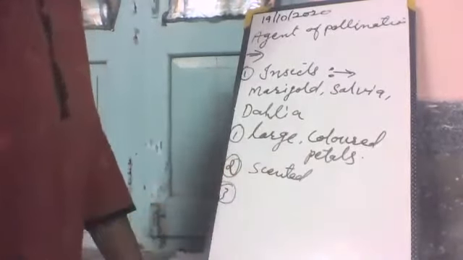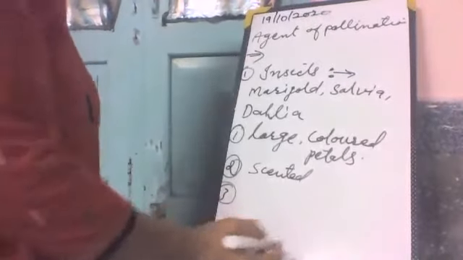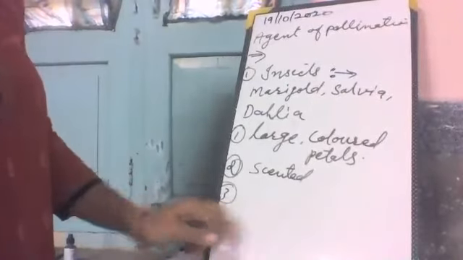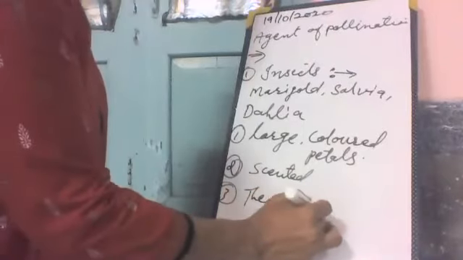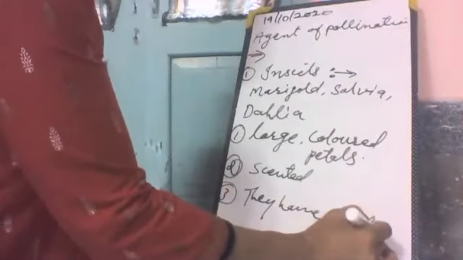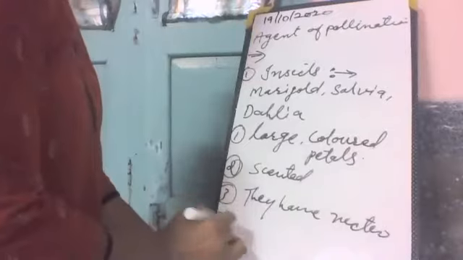Then these contain nectar as food for the insect. They have nectar, and this nectar is food for the insect.